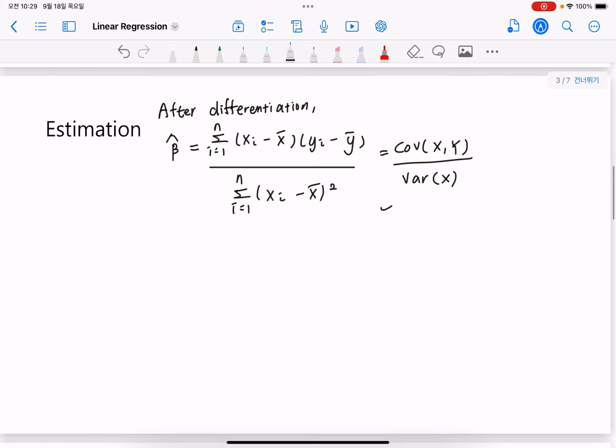So this suggests how y changes with respect to, let me use the term WRT, the change in x. So that is what this basically means. Covariance x, y over variance of x.